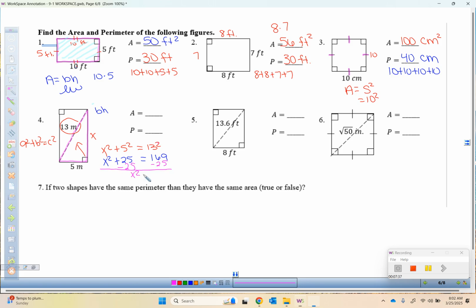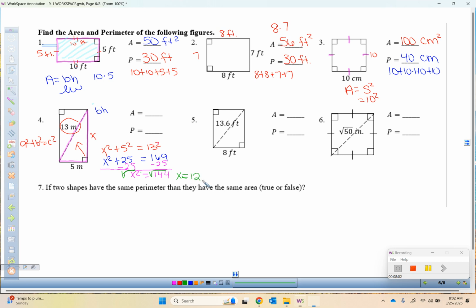That leaves me with x squared equals, I think this comes out to 144. And to get rid of the square, we do what? Square root it. Very good. And if I do it to that side, I got to do it to this side. So x equals the square root of 144, which is 12.